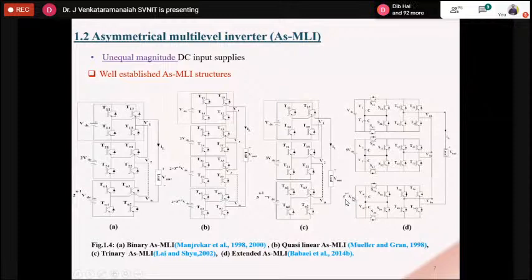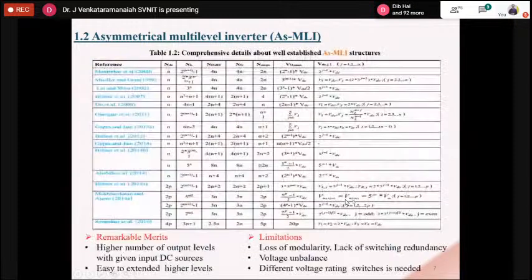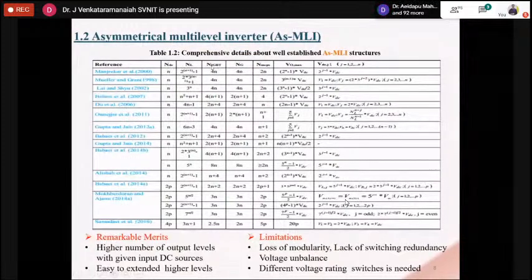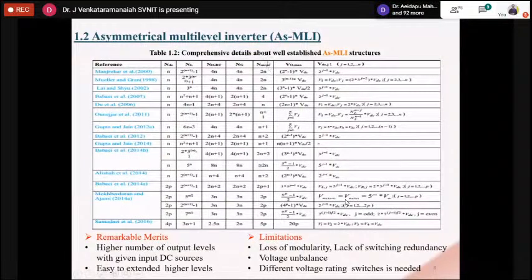So I will show you some other configurations as comparison here. See, here we have one more column. This is number of DC sources and number of levels, number of IGBT switches, and number of gate driver circuits. Of course, here you have one more, that is maximum number of switches connected in system.